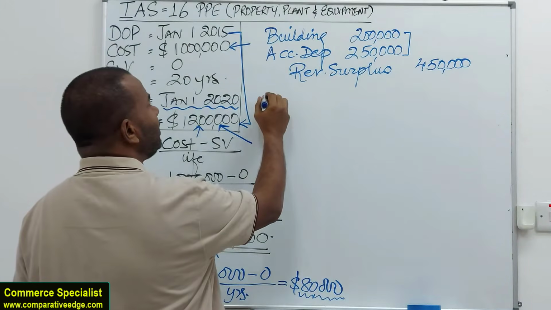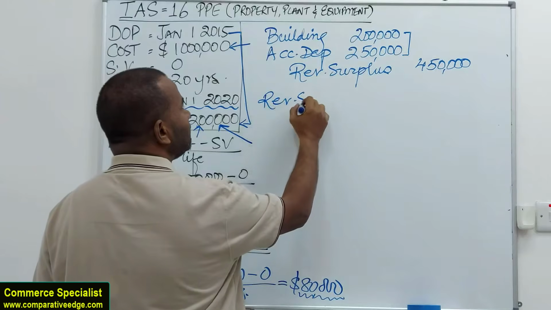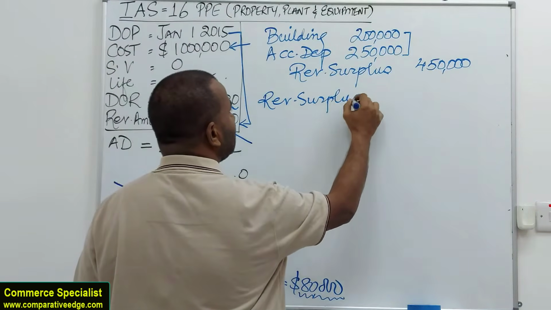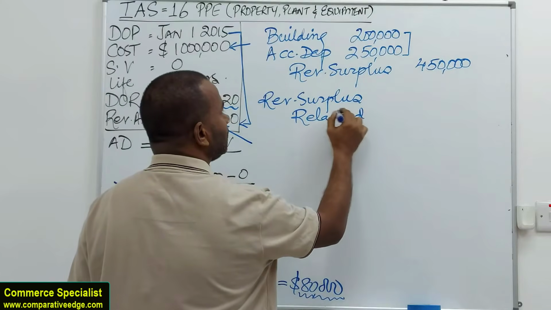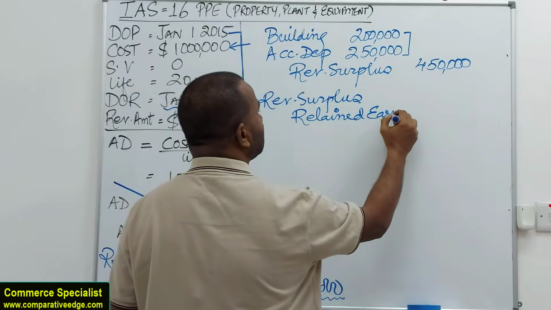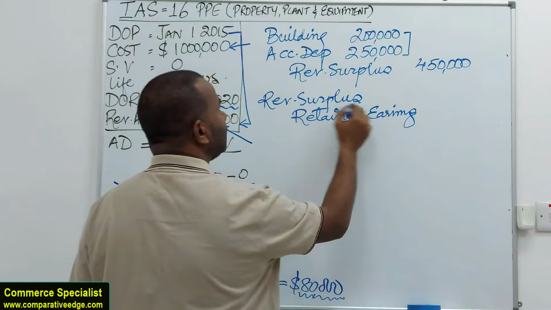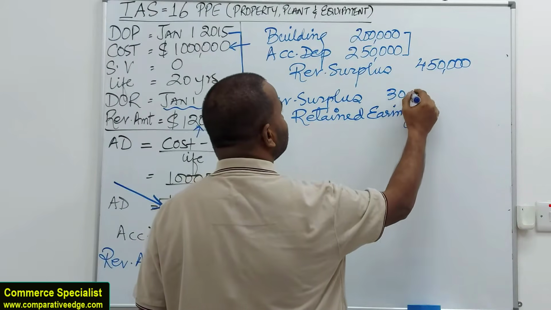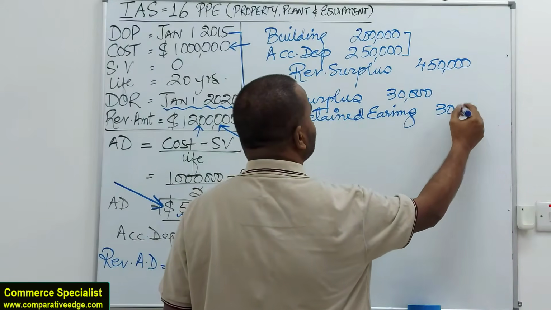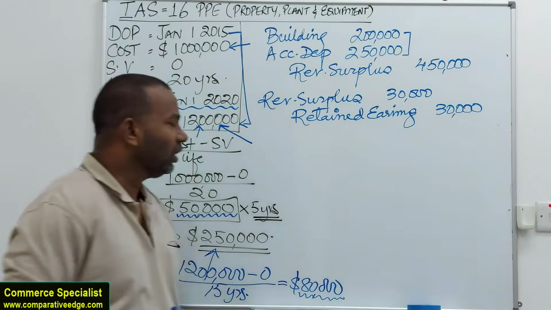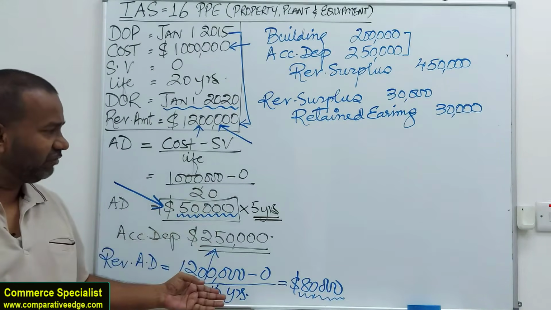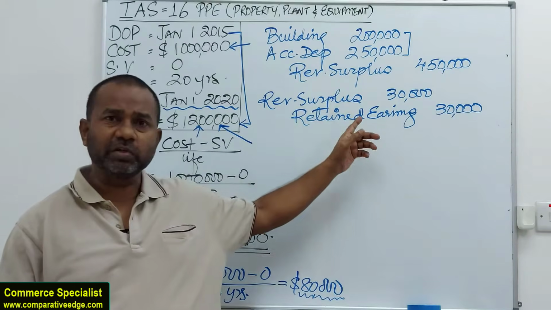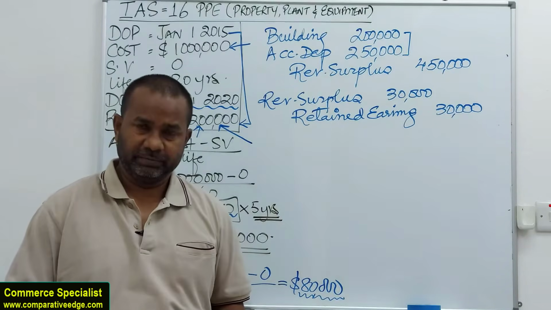We simply debit revaluation surplus and credit retained earnings by 30,000. So the difference between the old depreciation and the depreciation after revaluation is the excess depreciation. This is how it is recorded.